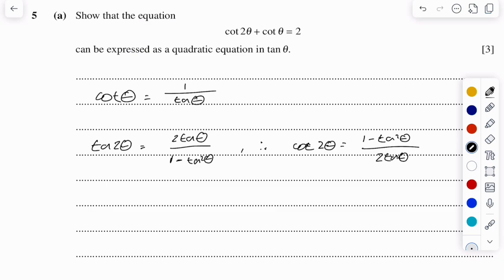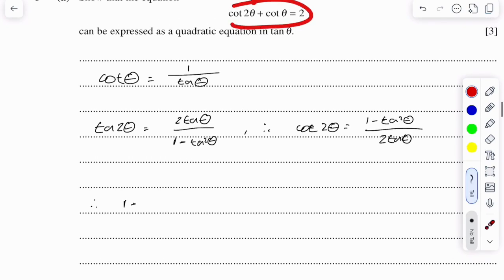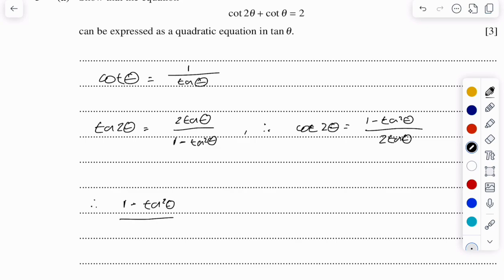So what we get then is, if we're going to express this in terms of tan, 1 minus tan squared theta over 2 tan theta plus 1 over tan theta. That's going to equal 2.